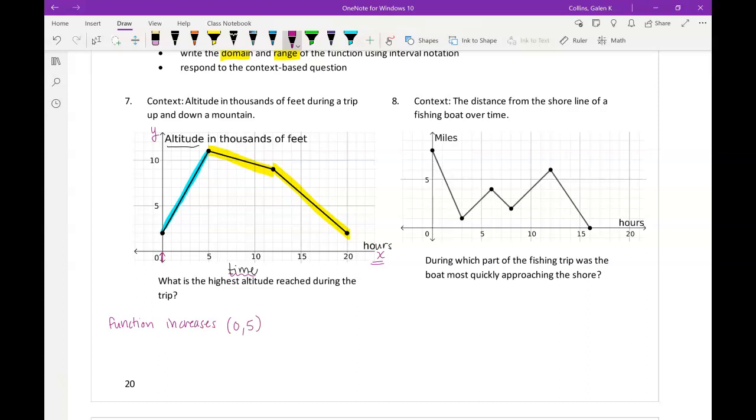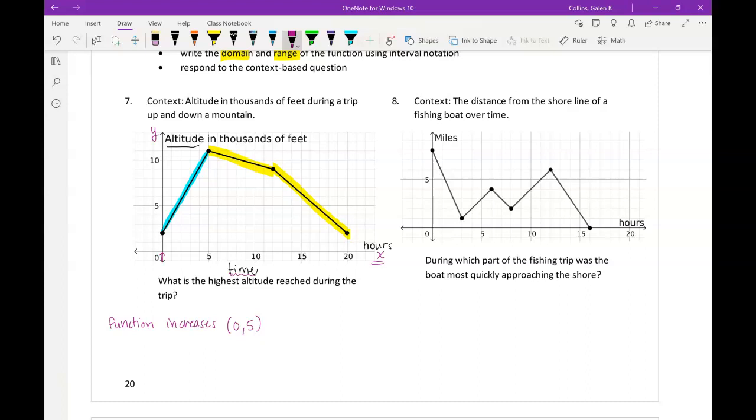And the reason we want to use parentheses, not brackets, is that at 0 and at 5, the function's neither increasing or decreasing in an instant, rather it's increasing over an interval. So I know this looks like an ordered pair, but from the context of what we are saying, we can tell this is an interval.